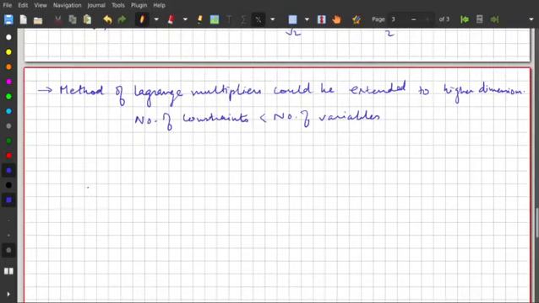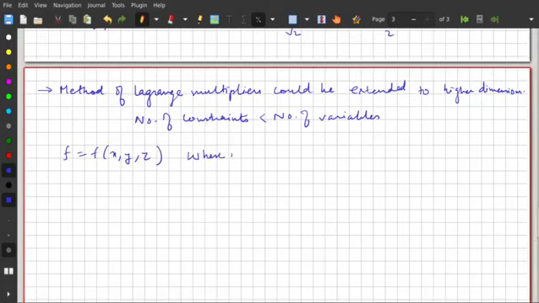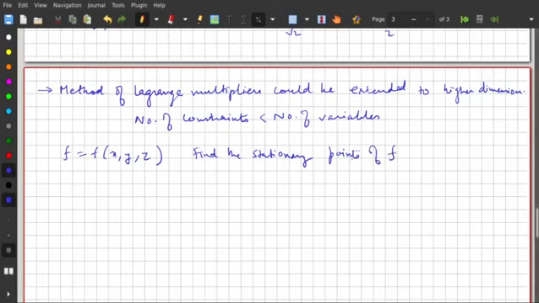So let's say you have the function f equals f of x, y, z. Let's pose the problem like this: find the stationary points of f subject to the constraints.